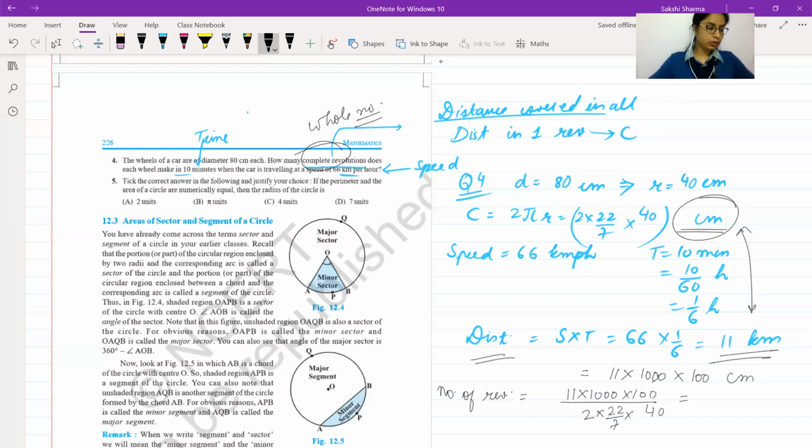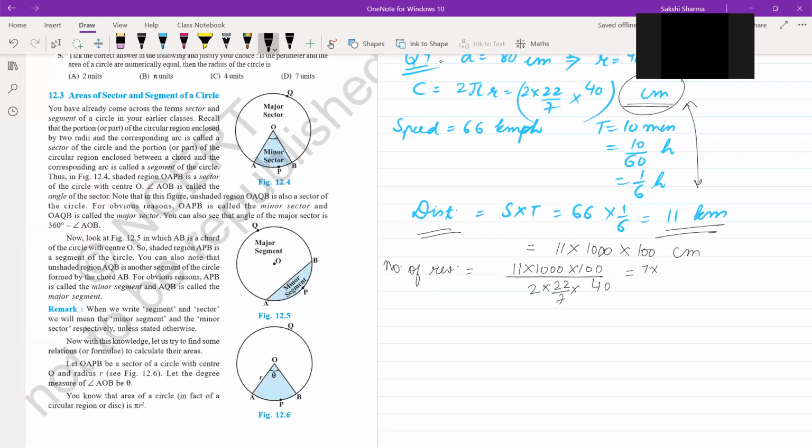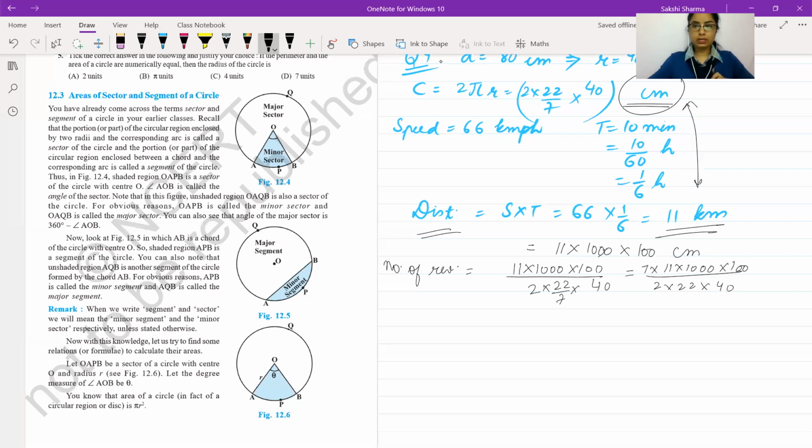So the answer for this comes out to be approximately, or is it exact answer? So 7 into 11 into 1000 into 100 over 2 into 22 into 40.